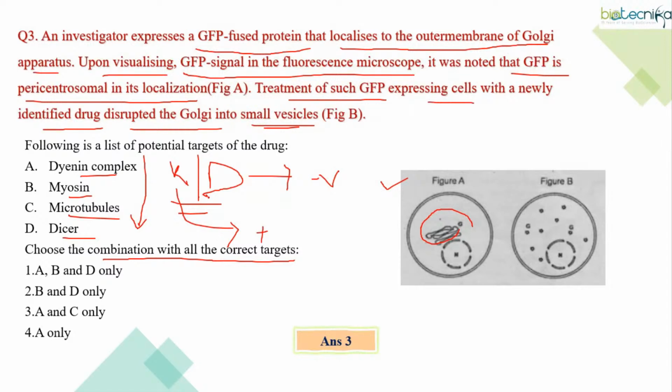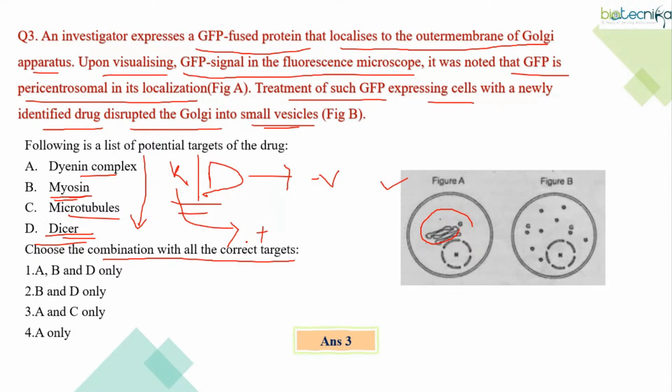Remember this part, okay? So we can easily choose dynein and microtubules from here because myosin is related to your actin filaments. So you can ignore this. And dicer has got no relevance to this question because dicer is related to your RNA interference part.